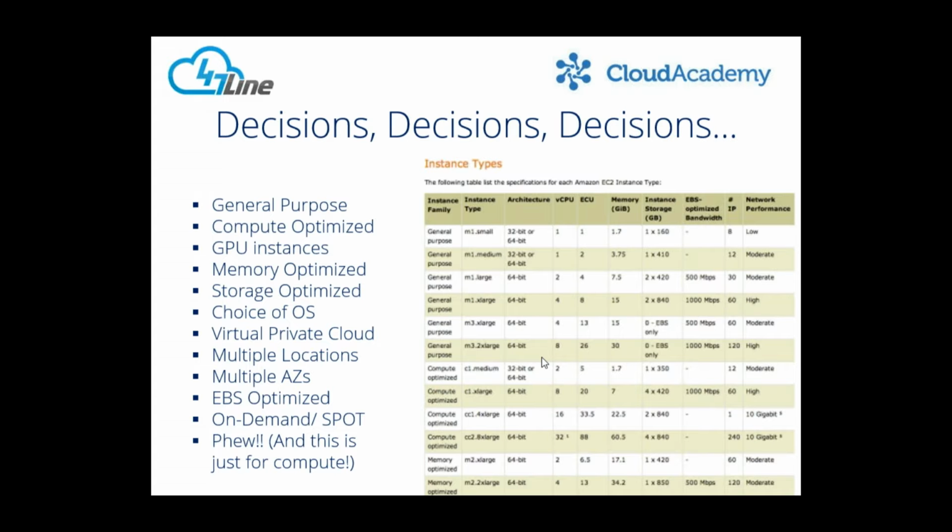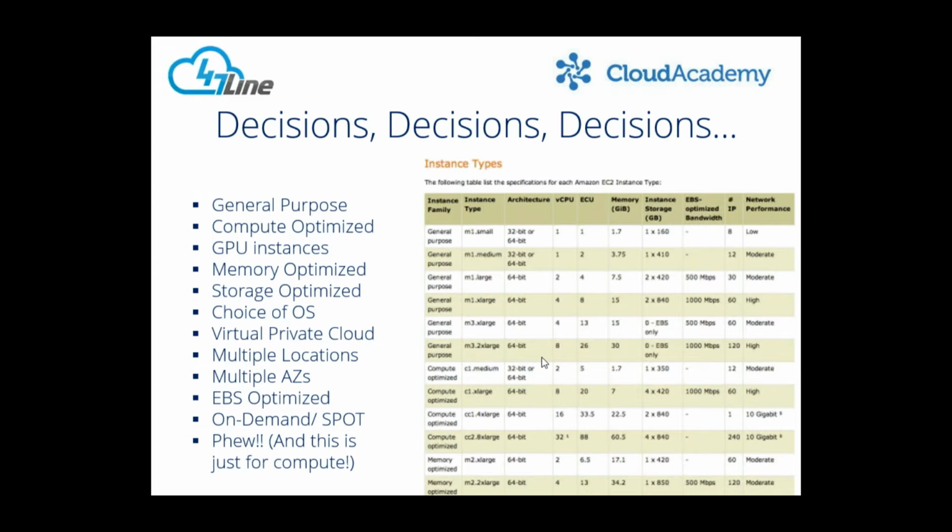As you can see on this screen, this is just a snapshot of the different instance types available on AWS. The last I noticed, there are about 34 instance types across 6 different instance families in AWS, and that is not even considering EBS optimized or the different availability zones and regions.